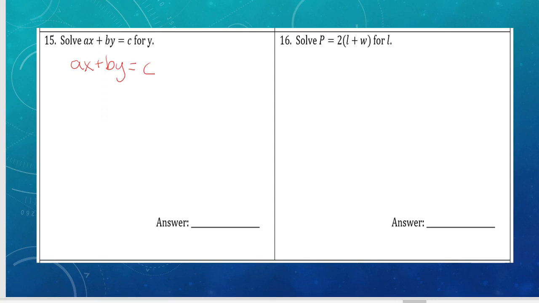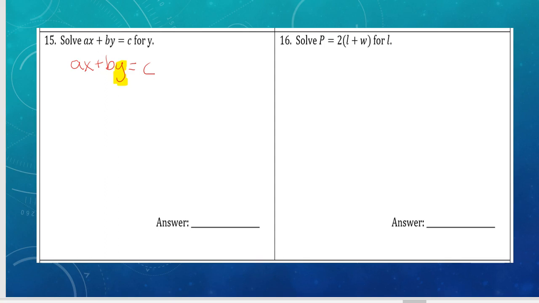You'll eventually learn that this is called the standard form of a linear equation. We're solving for y. So I need to move the ax term first and then the coefficient of b. I look in front of ax to determine how to move it. There's nothing in front of it, so it's an invisible positive.